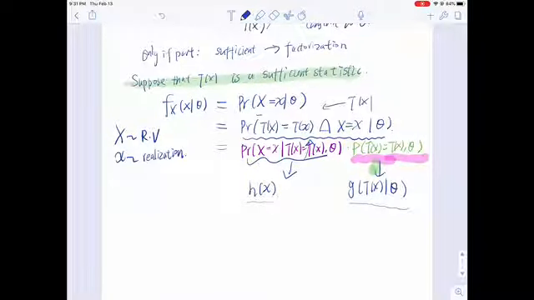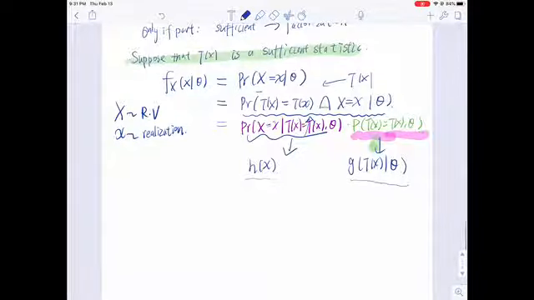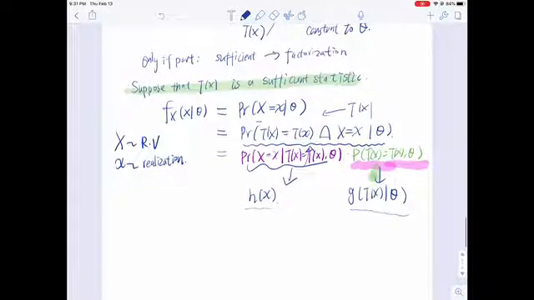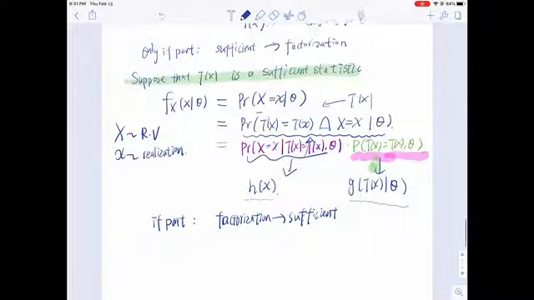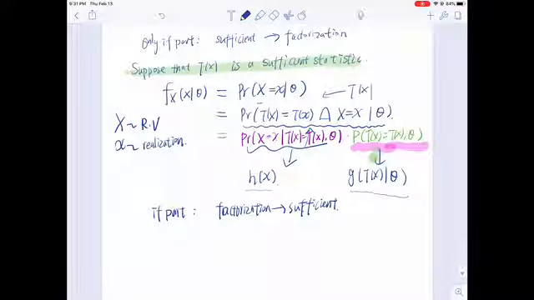Now let's prove the other way. So we want to show the if part, which is proving from factorization to sufficiency. If we are able to factorize a PDF, then we claim that T(x) is a sufficient statistic.